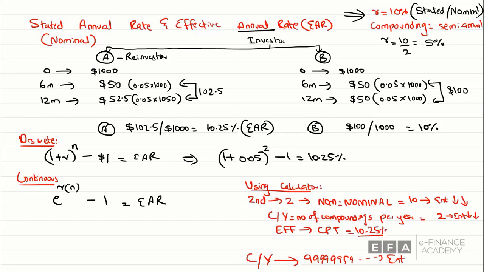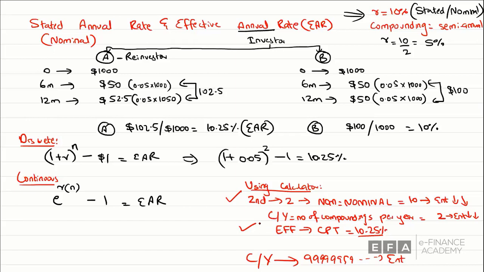Another thing I would like to add is that often in the textbook questions, which you will find in my video, they could give you the nominal and also the effective, and ask what kind of compounding would produce the same effective that has been given.